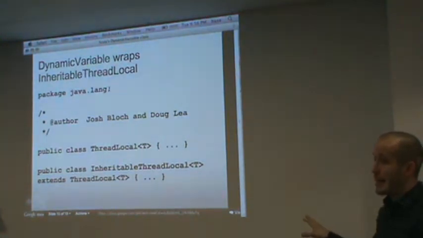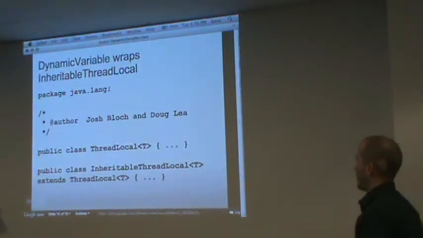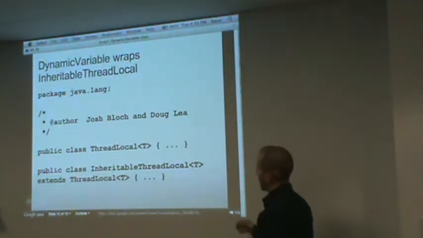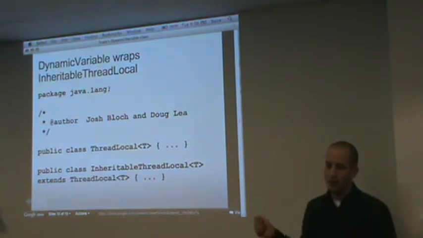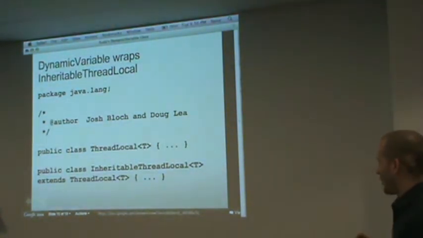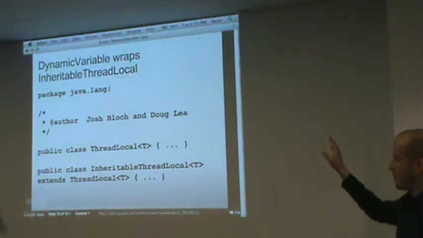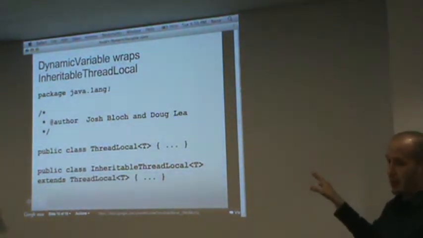This class is not in that package, but it's kind of part of that family. It offers two versions: thread local and inheritable thread local. I'll come back to what the difference between those is later. If you look at the source code, you can see that it's written very carefully to be both efficient and thread safe.